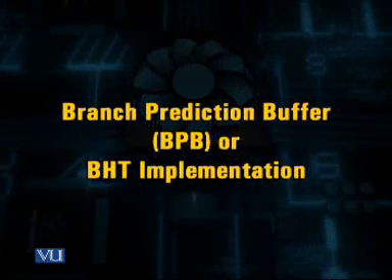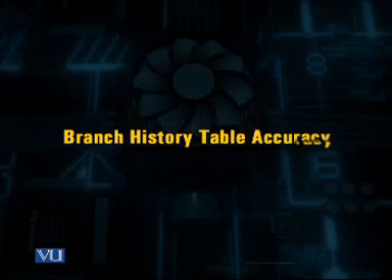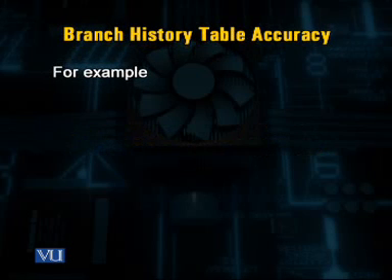Now let us consider the accuracy of the branch history table using 2-bit prediction on some real application. Here we say the branch history table may mispredict because either it made a wrong guess for the branch, or it got the branch history of a wrong branch when indexing the table. I will explain it with the help of this example.